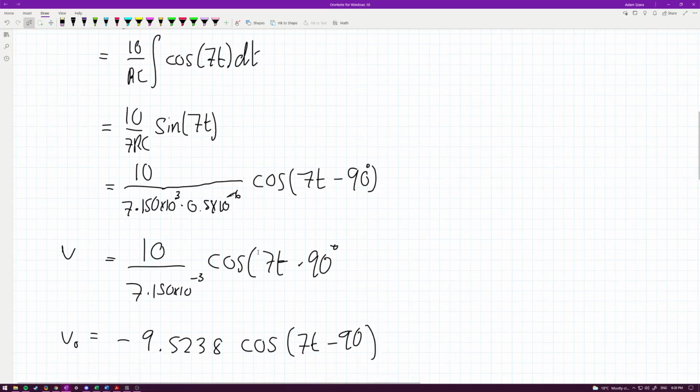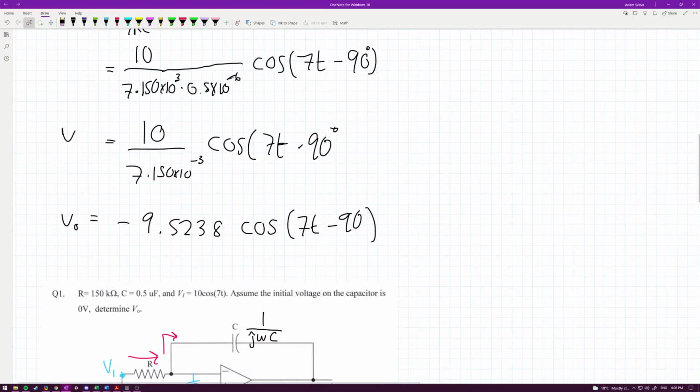Why did that happen? I did exactly the same steps here. 10 over 7 times 150, oh, times 0.5. I just forgot about the times 0.5. Times 10 to the negative 3, and I get 19.05. Okay, good, we do get the same answer. I forgot the times 0.5, and now you get 19.05. So, time domain, phasor domain, the same answer.